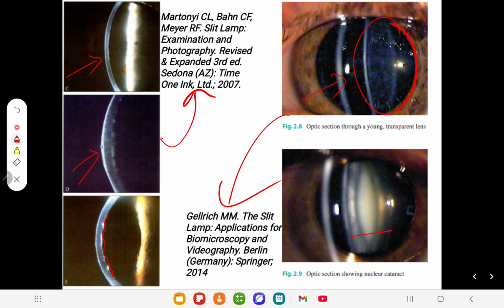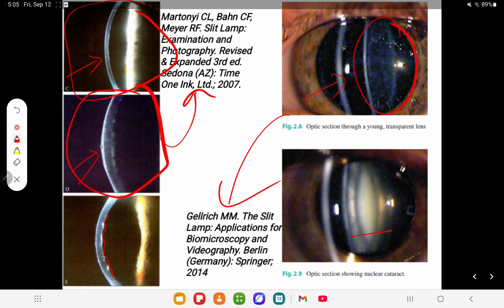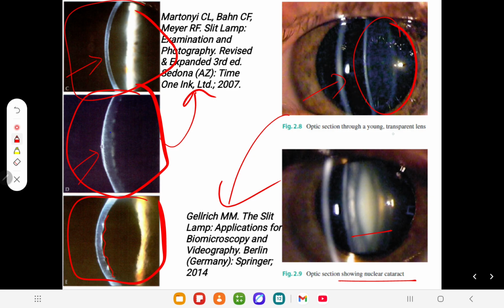Cornea here, the depth you can analyze, isn't it? In this picture, can't you analyze the depth? It's very important. Okay. So it's basically a nuclear sclerotic cataract and an optical section through a young transparent lens. And to see the young and transparent lens, I'm sorry, I have told you that it's a pseudophakic lens. It's a young and transparent lens.